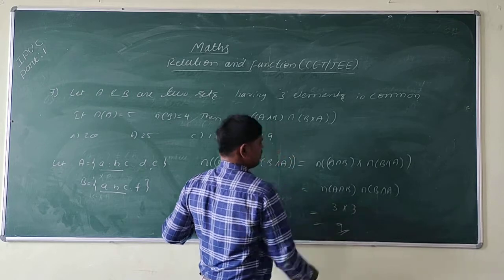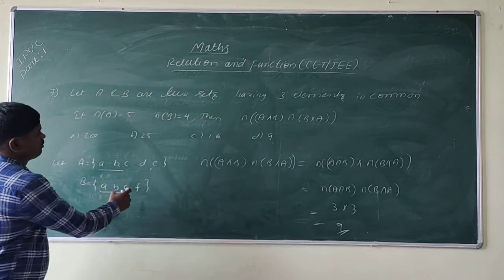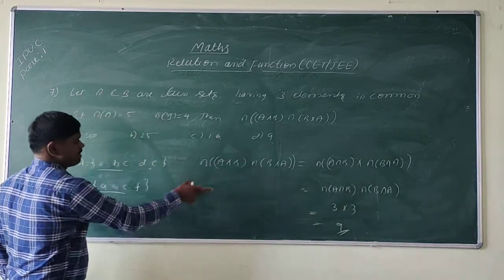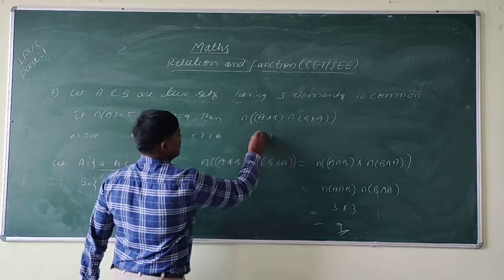Therefore 3 into 3, that is 9. So the number of common elements in A cross B and B cross A is 9. Therefore, option D is the right answer.